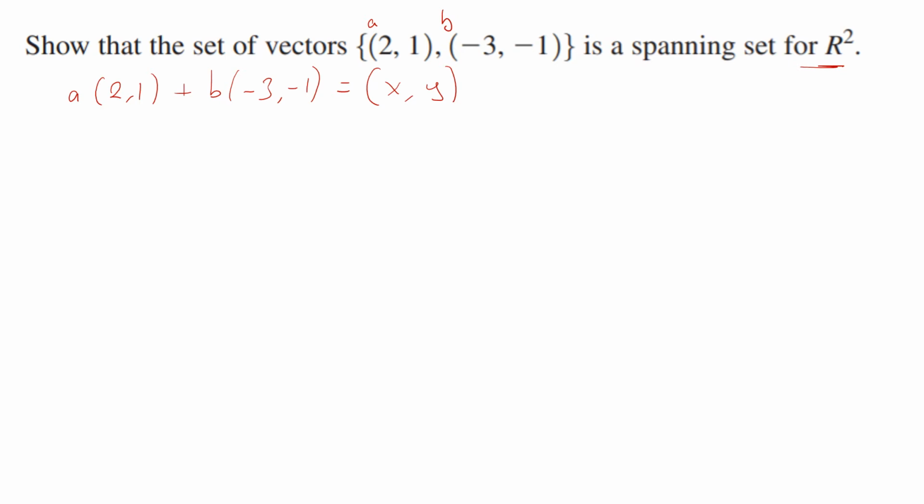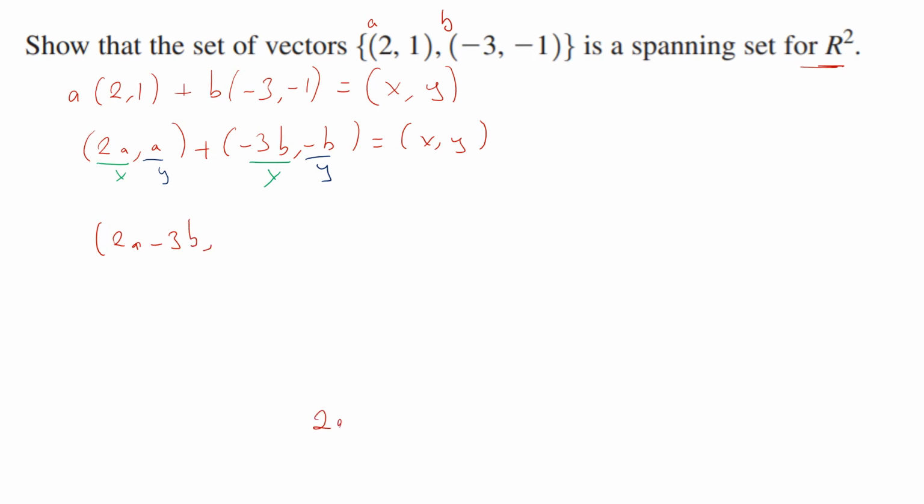From here, I can just distribute the a like we did. So I have (2a, a) plus (-3b, -b), and this will equal (x, y) again. From here, I can add the x's together and the y's together. When I do that, I get (2a - 3b, a - b), and this will equal (x, y).